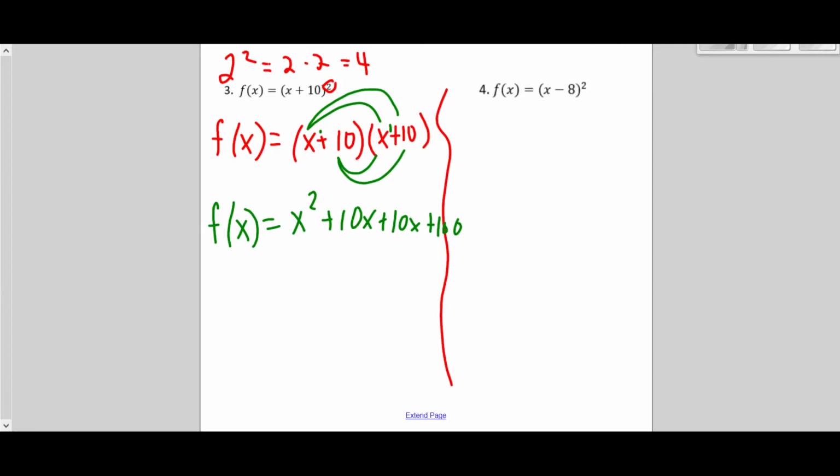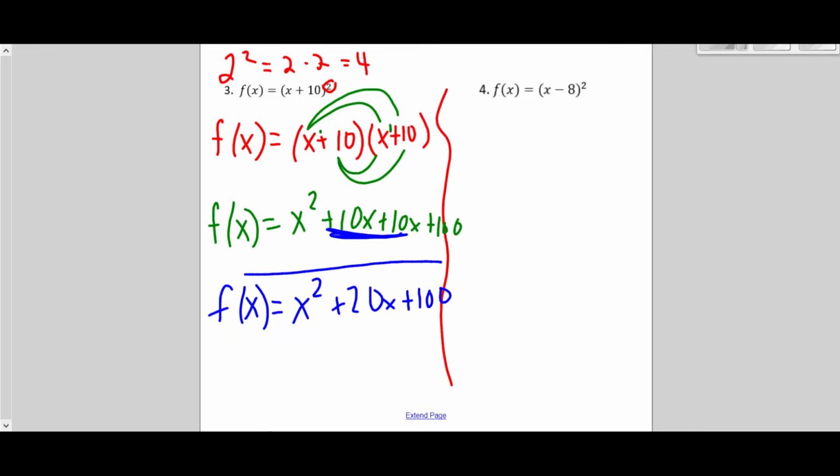Now, notice I have like terms, 10x plus 10x. So I'm going to combine them. So f of x equals x squared plus 20x plus 100. So that's the answer for number 3. So you had to write out that set of parentheses twice.